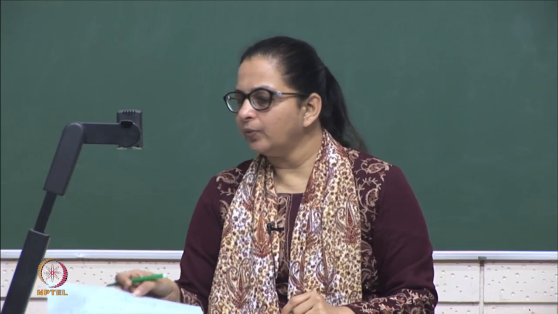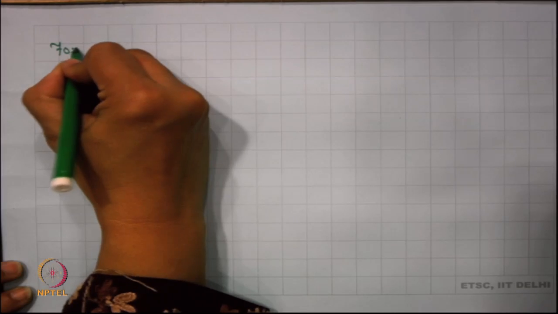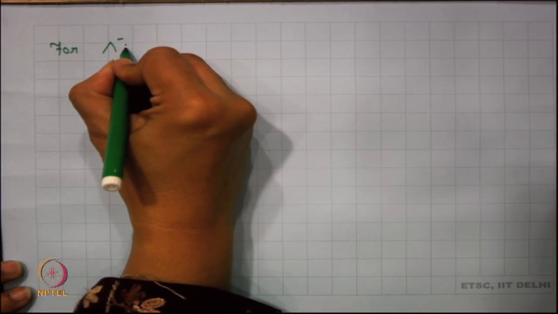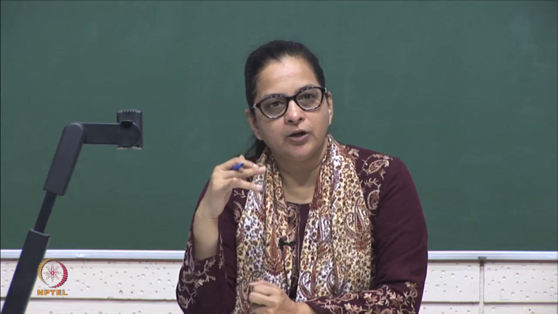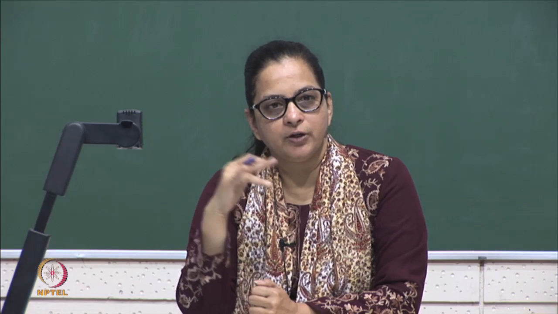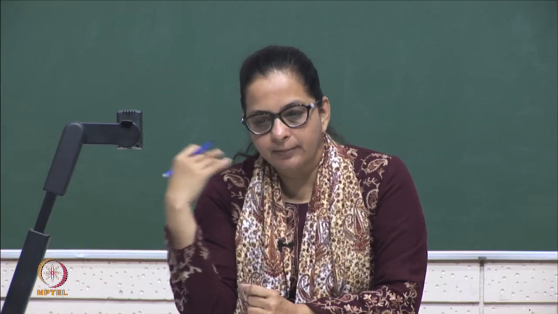So, let us now look into how we construct our lambda minus. What happens for lambda minus? Again we have the same factor here. F inverse maps horizontal rectangles to horizontal rectangles. It maps V naught to H naught, and V 1 to H 1, and in general it maps horizontal rectangles to horizontal rectangles.